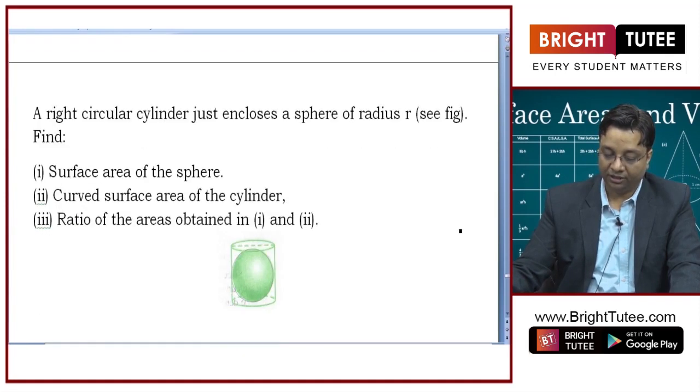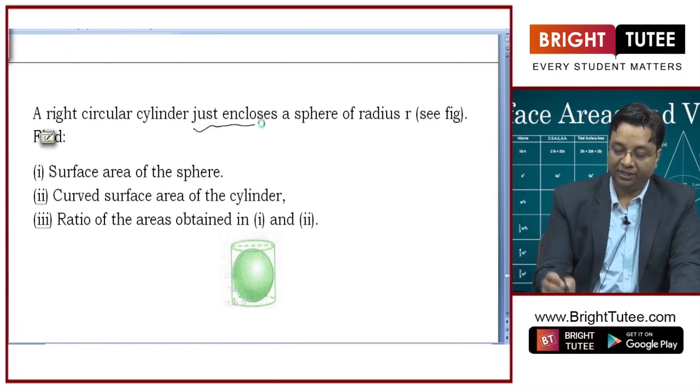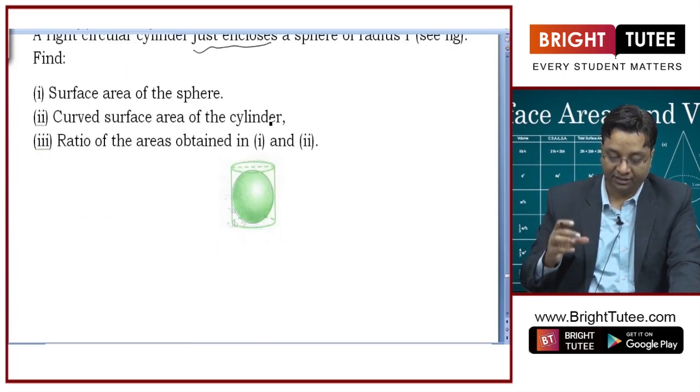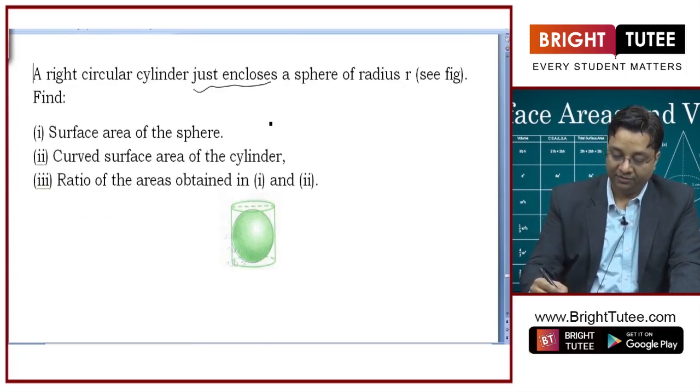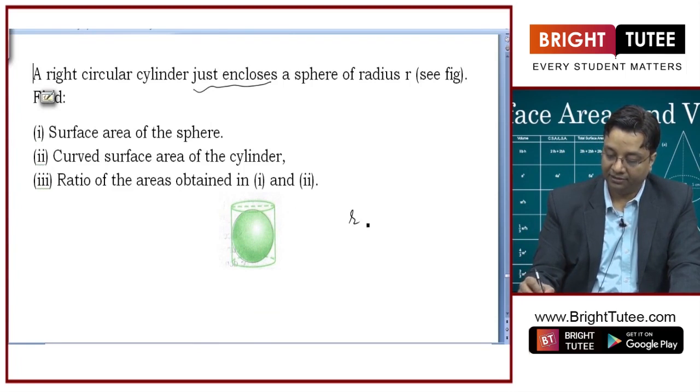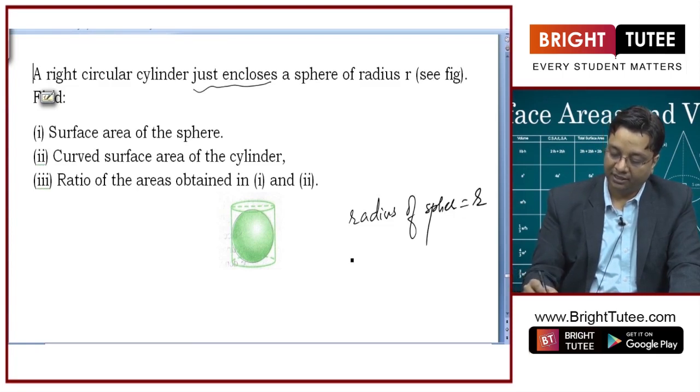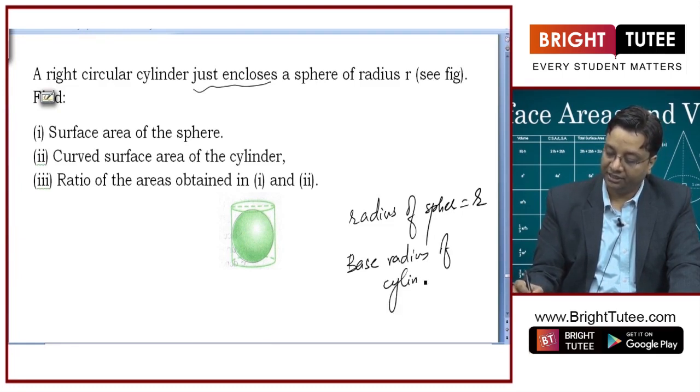Okay. A right circular cylinder just encloses a sphere of radius r. By just encloses, it means it completely fits inside it, right? So which means if the radius of sphere is r, then the base radius of this cylinder in which it is enclosed will also be r, right?